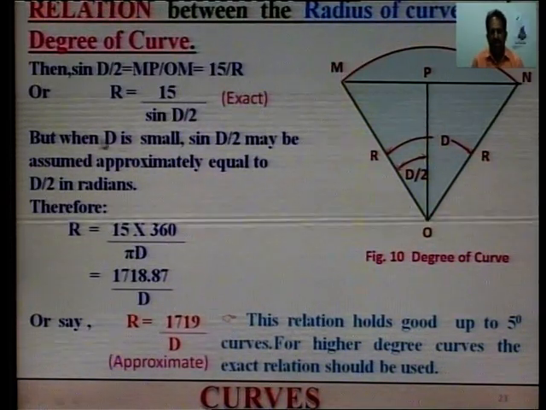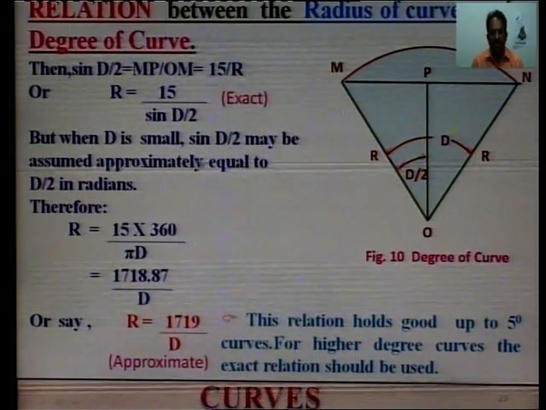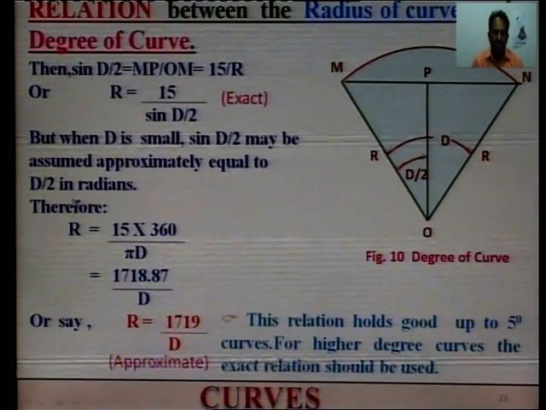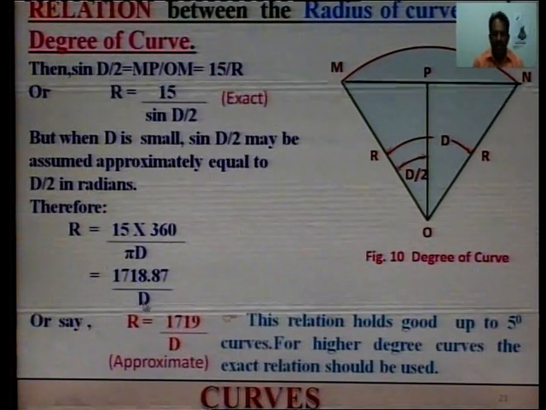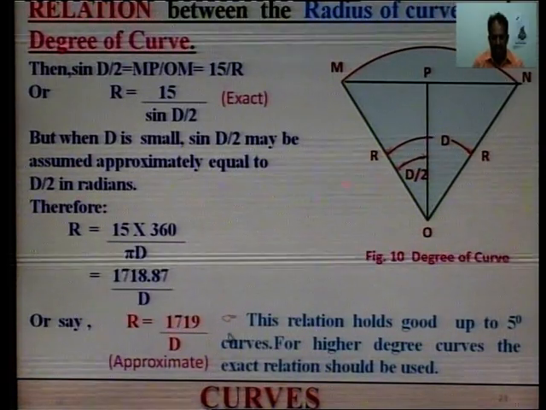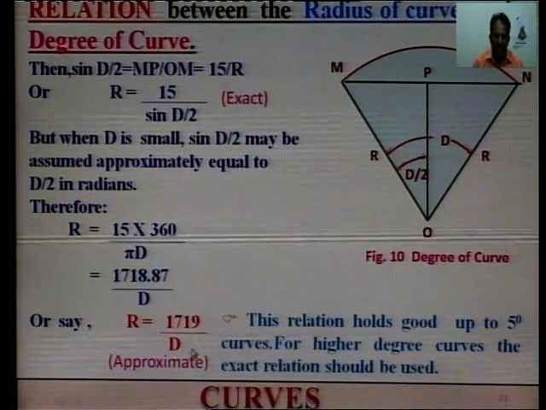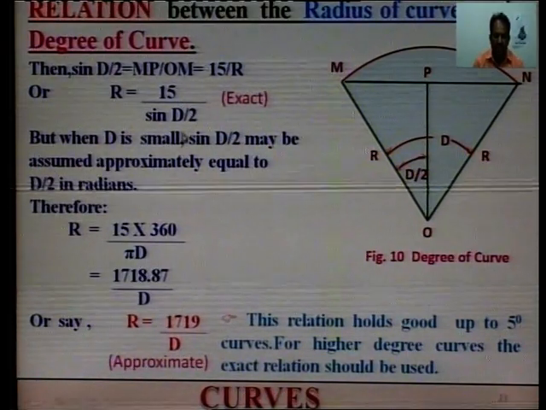When d is very small, sin d by 2 may be assumed approximately equal to d by 2 in radians. Therefore, we derive the formula r is equal to 1719 by d. This is the approximate relation. The exact relation is r is equal to 15 by sin d by 2.